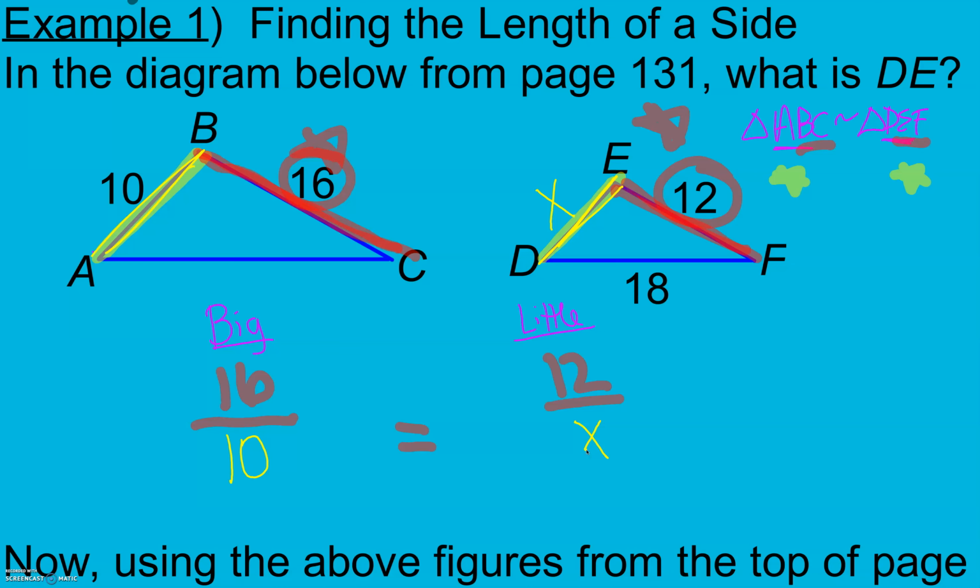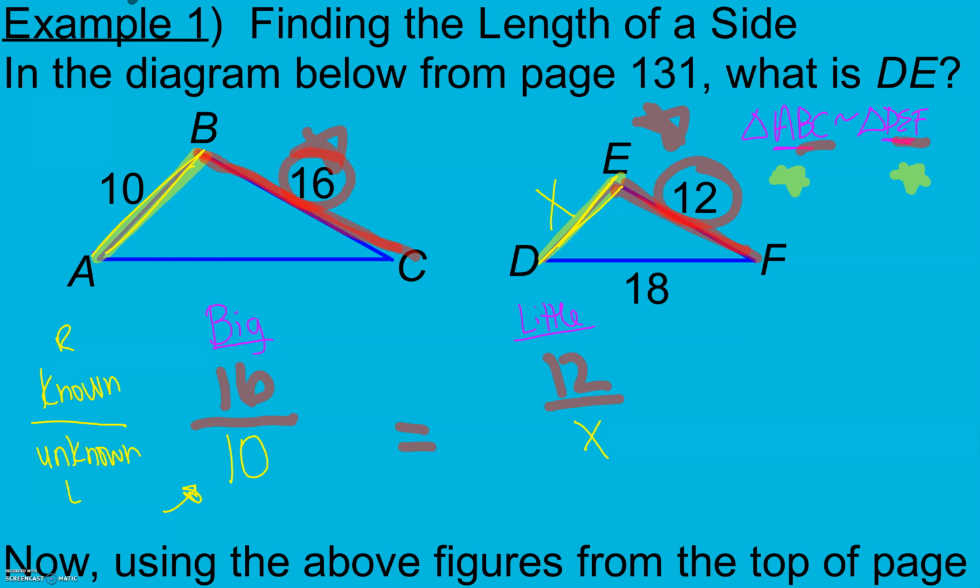So I could have done 16 over 12 and 10 over X. It doesn't matter, again, as long as we're consistent. So here I have big triangle, known, over unknown.